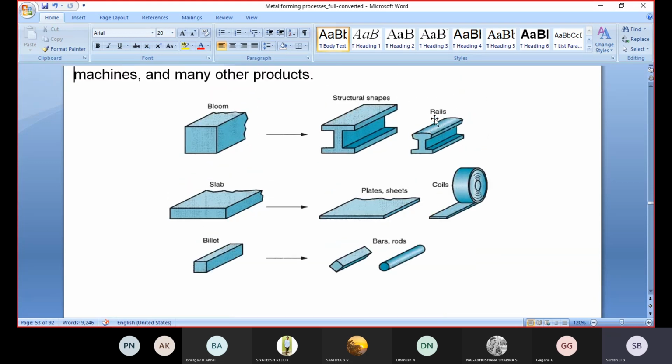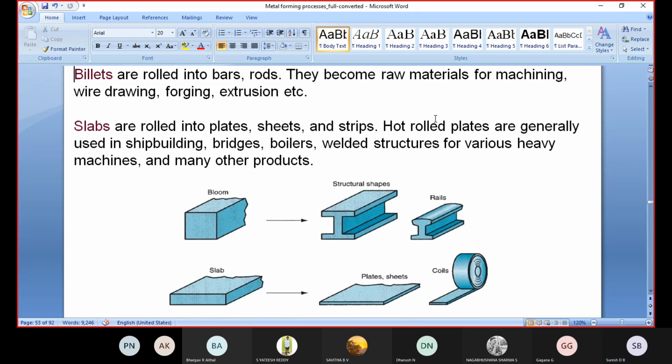Then billets are rolled into bars or rods. They become a raw material for machining, and these bars and rods are further used for wire drawing, forging and extrusion processes.